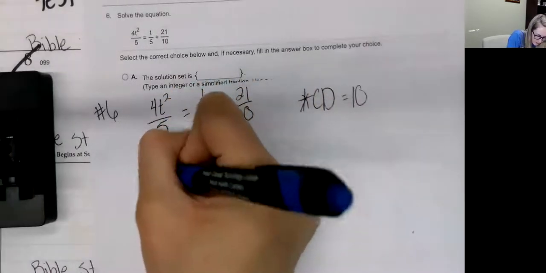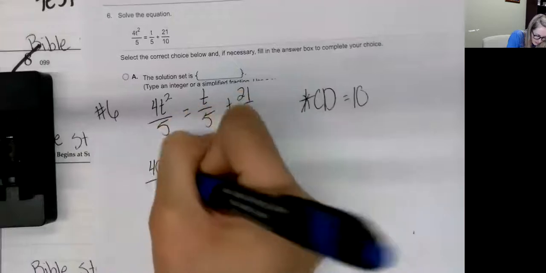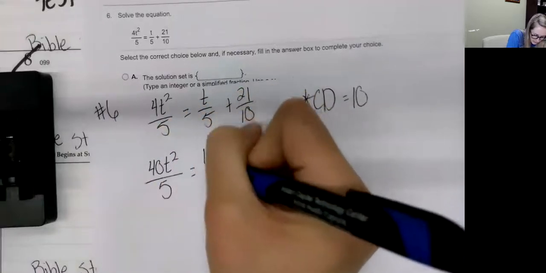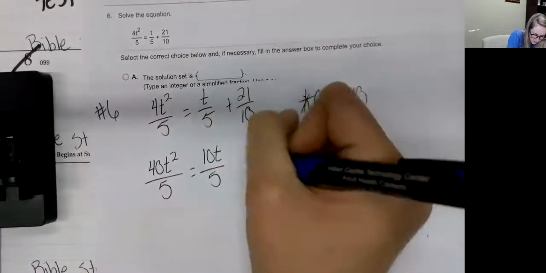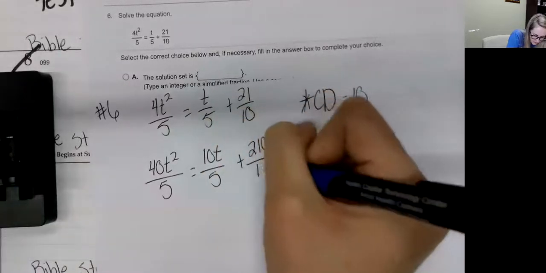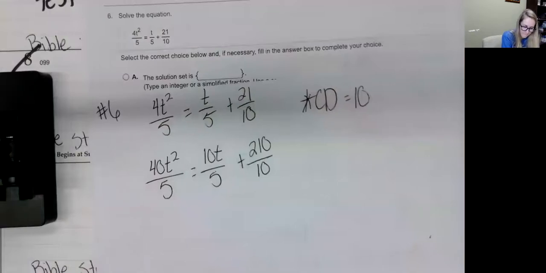So I have 40t squared divided by 5 equals 10t divided by 5 plus 210 divided by 10. Now I'm going to go back and divide these by 5 and simplify them.